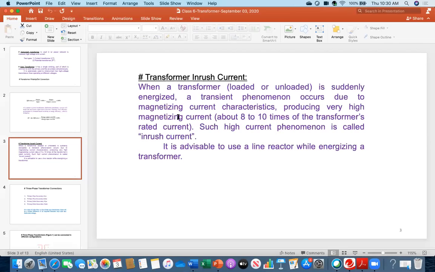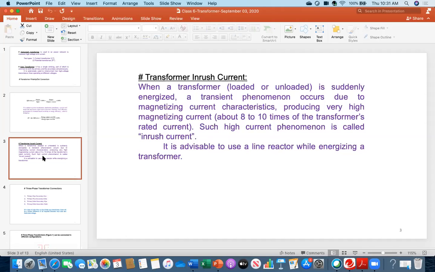A transformer does not have any moving parts. That is the only difference. But the working principle will be the same. That's why it is called the induction motor. And then we look at the same phenomenon, and we will be applying the same solution. We have to use a line reactor when energizing an induction motor. The same thing we will be looking at.